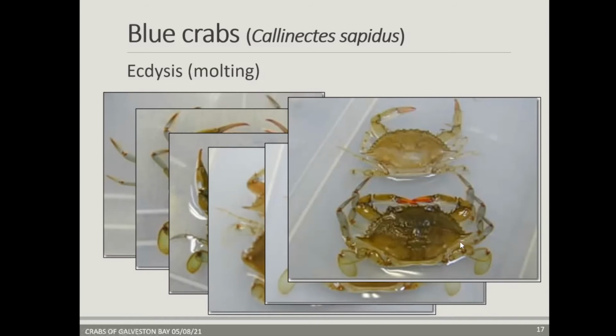And then he'll guard her until her carapace is hardened. And then they swim away. And again, the males can mate any number of times, but the females will only mate once. And the female blue crabs will mate in their last adult molting, last adult ecdysis period.